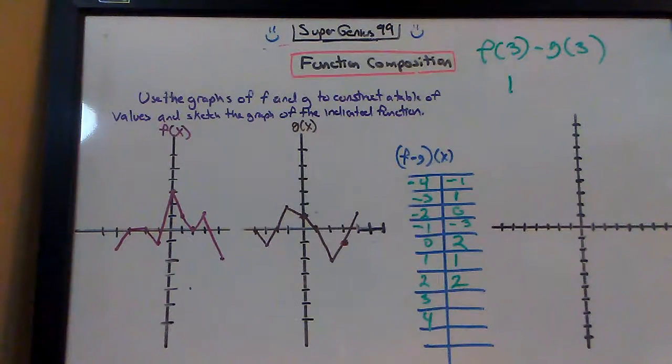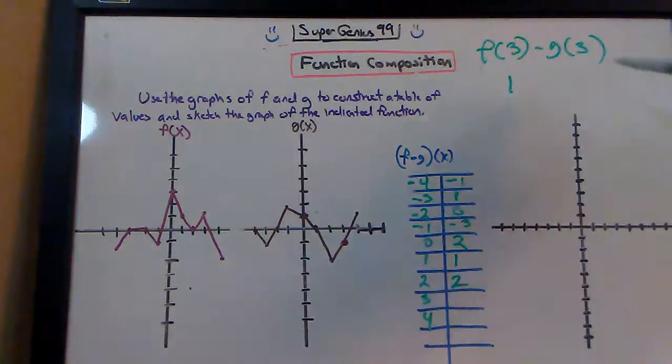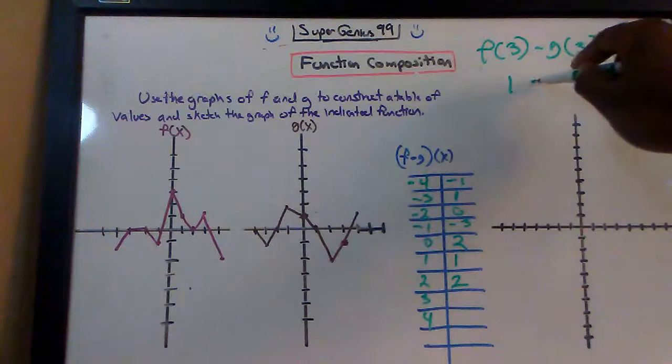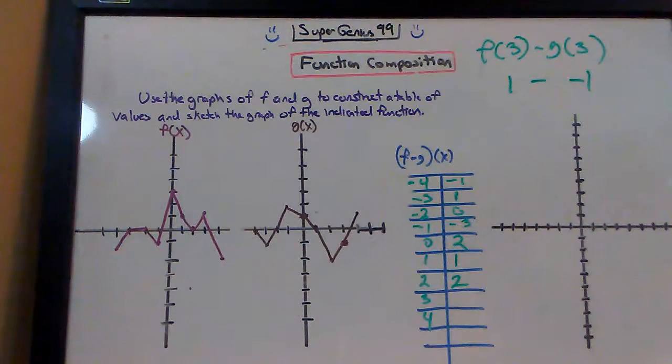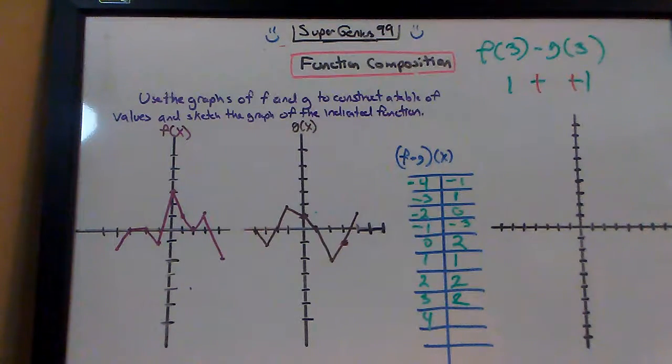When x is 3 in the g function, what is y? When x is 3 in the g function, y is negative 1. So it's 1 minus negative 1. What do you do when you have a double negative? Add a line, change the sign, or add 2 lines. And what is 1 plus 1? 2. Okay. Last one for the table.